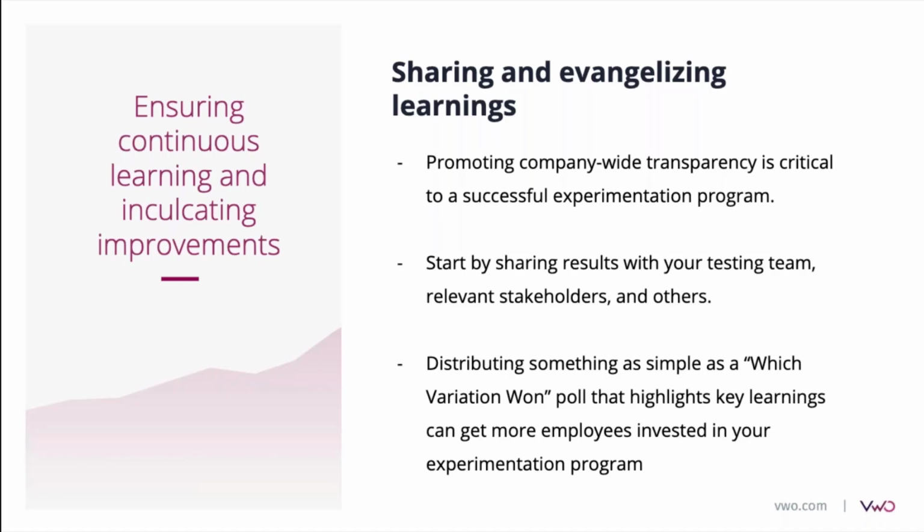You can simply start by sharing results with your testing team, relevant stakeholders, and anyone involved in the ideation process. Make sure you include the purpose of each test, really define the details, and do something very simple such as a poll that highlights key learnings and gets more employees invested in your experimentation program.